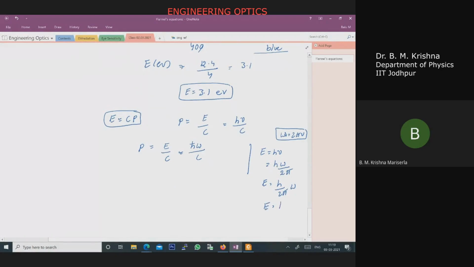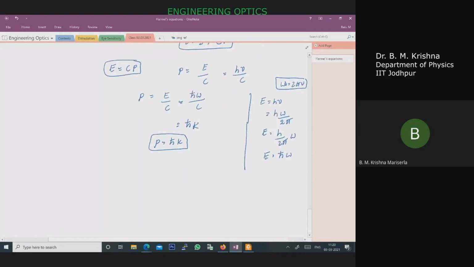This h by 2 pi can be written as h cross, so energy is h cross omega. Then omega by c is nothing but k. K is the wave vector, in momentum space. So p, the momentum, equals h cross k. This is one more relation you use in quantum mechanics. This is the momentum in free space, meaning in the vacuum.